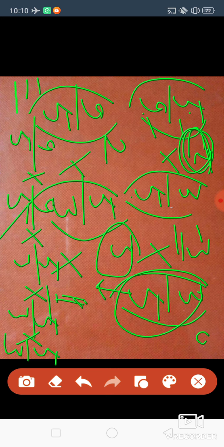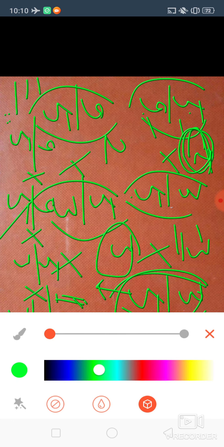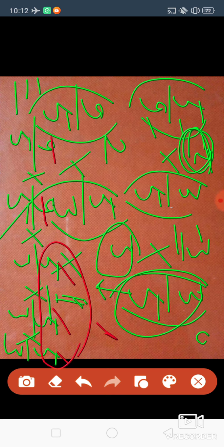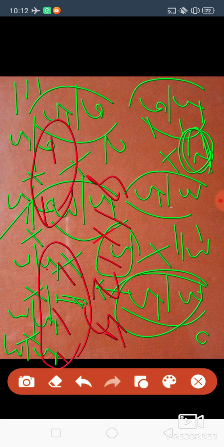Now multiply all the numerators and all the denominators. 9 into 9 is 81, and 5 into 5 into 5 is 125.